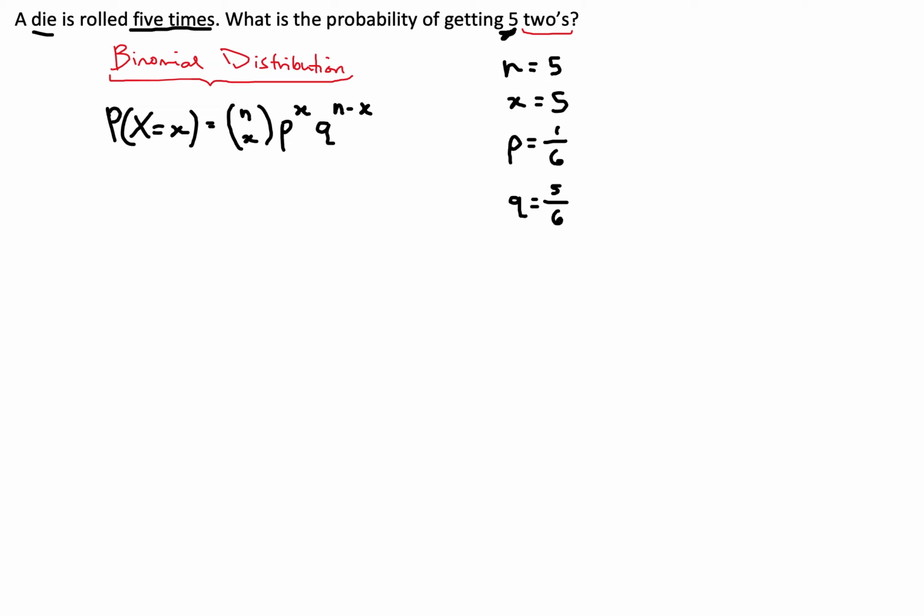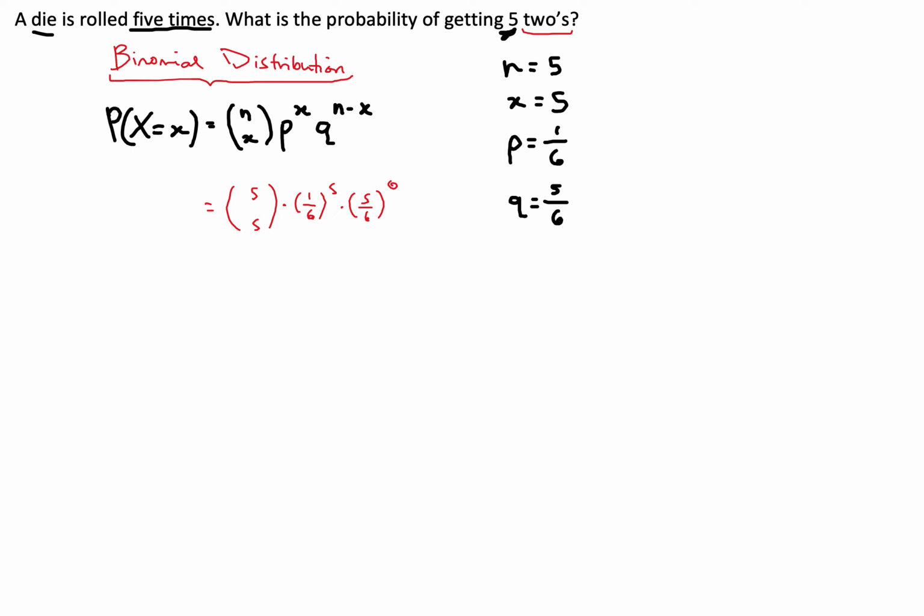So putting them all in this equation, what we have is 5 choose 5 times 1 over 6 raised to x, which is 5, times 5 over 6 raised to 5 minus 5, that's 0.